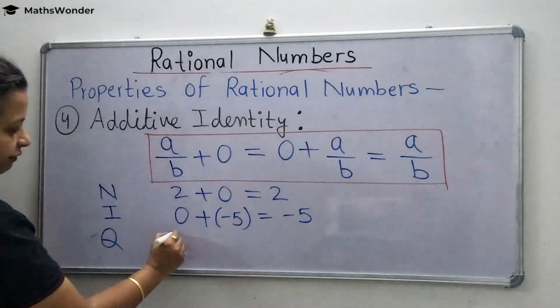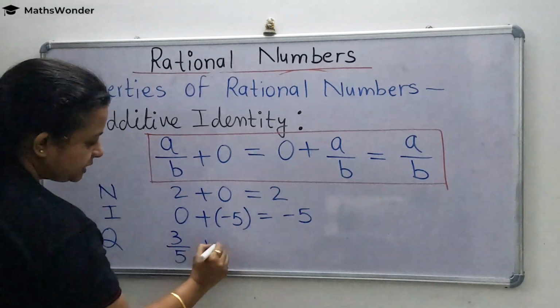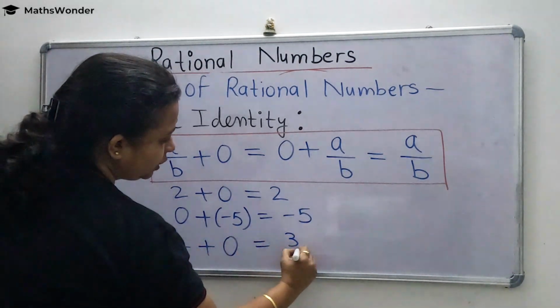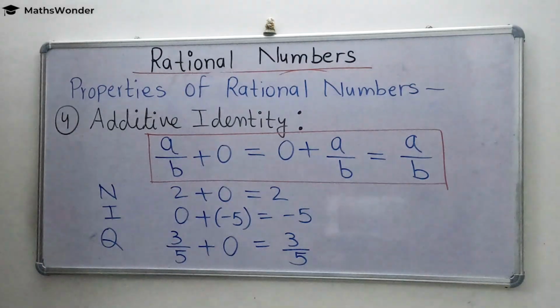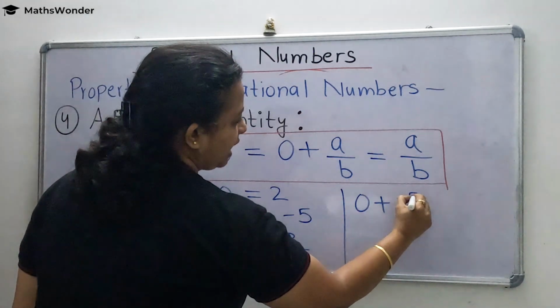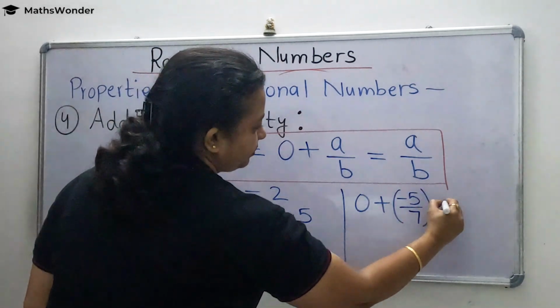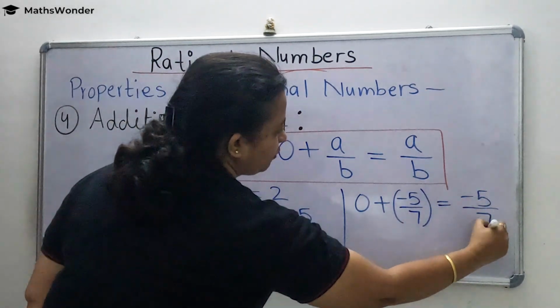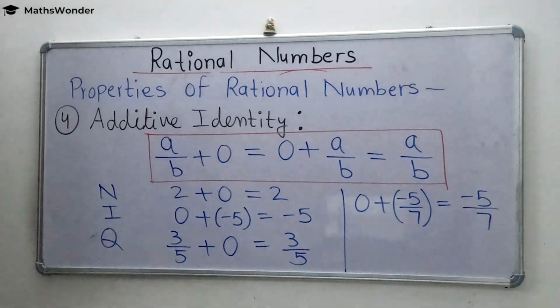Suppose 3 over 5 plus 0. You will get the same 3 over 5 itself. If you take any negative number, 0 plus minus 5 over 7, then you will get the same minus 5 over 7. So the conclusion is 0 is called the additive identity of rational numbers.